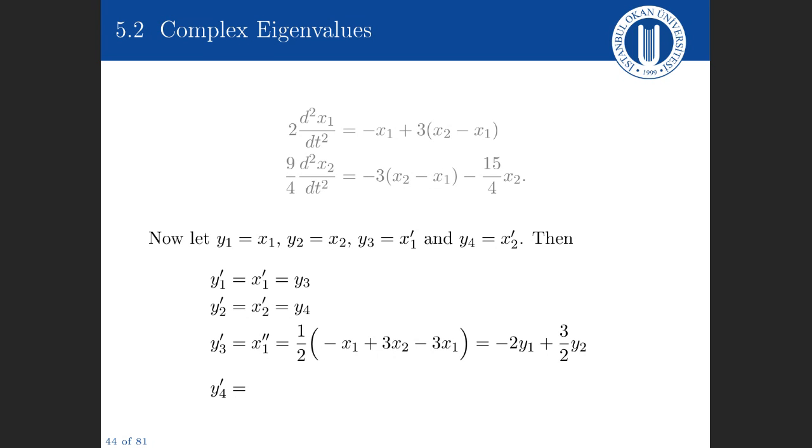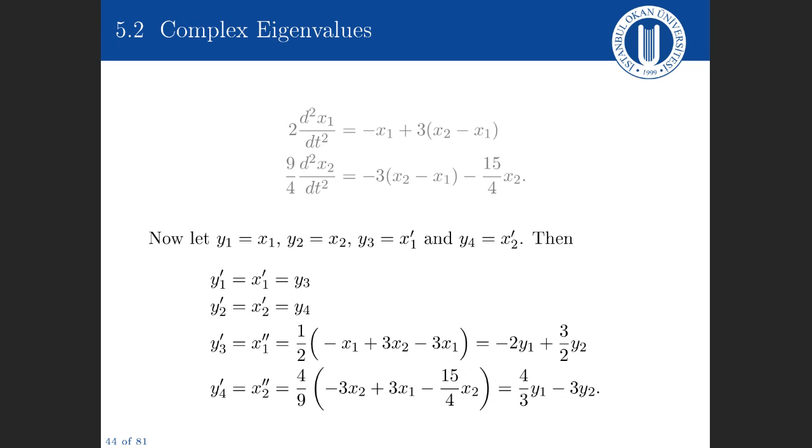And then we can do the same thing for y4. y4 is x2 prime, so y4 prime is x2 double prime. From this equation, we can write x2 double prime in terms of x1 and x2, or in terms of y1 and y2. We get 4 over 3 y1 minus 3 y2.